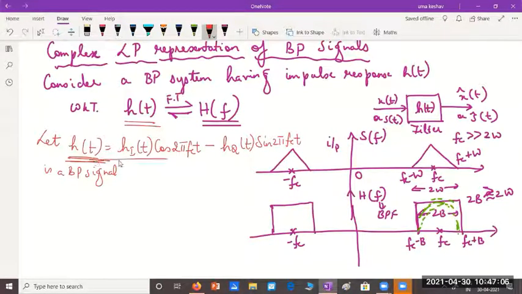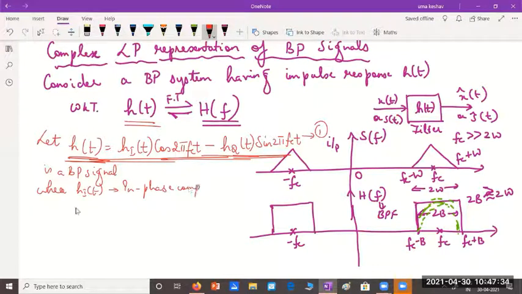Please understand this. Given any signal which is bandpass in nature, it can be written in canonical form as hi cos 2 pi fct minus hq sine 2 pi fct, where hi of t represents the in-phase component of the filter h of t or the bandpass signal, and hq of t represents the quadrature phase component.